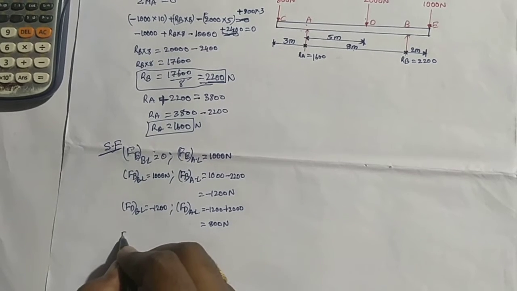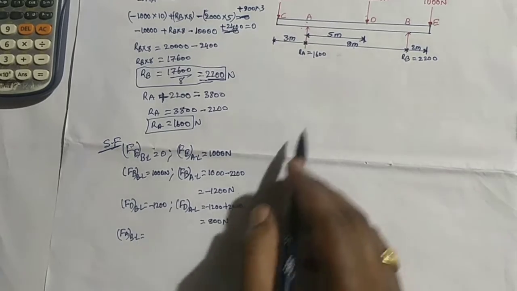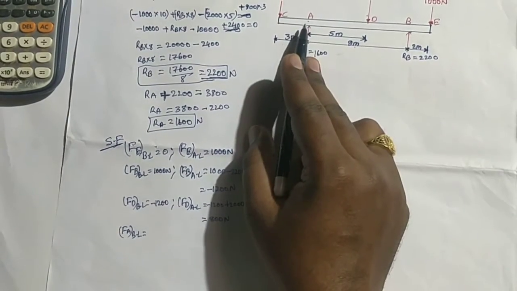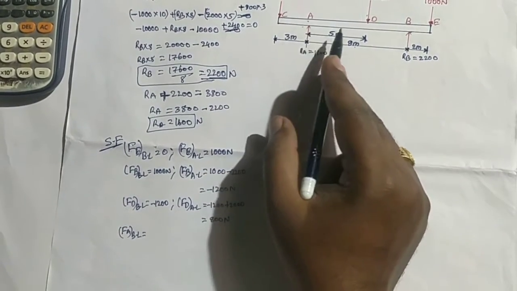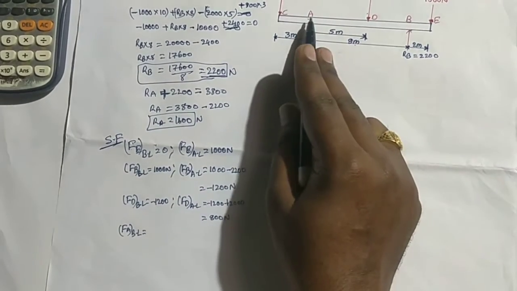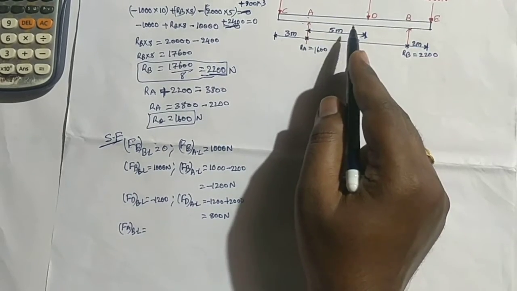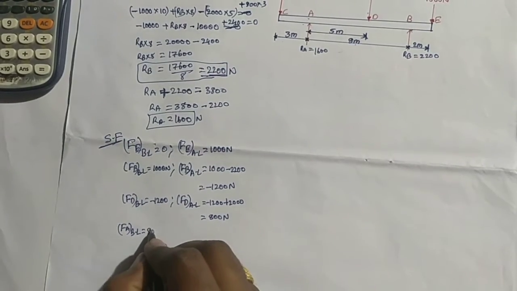Next, coming to shear force at point A before load. Before load, we need to calculate the right side of point A. Right side of point A, we just calculated, is 800 newtons, because between A and D there is no load, so the shear force value has no change, that is 800 newtons.